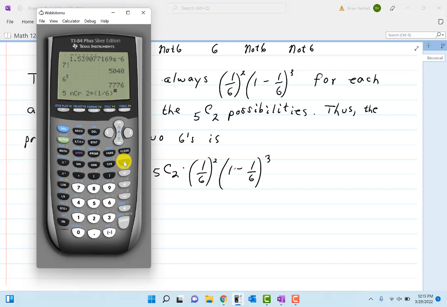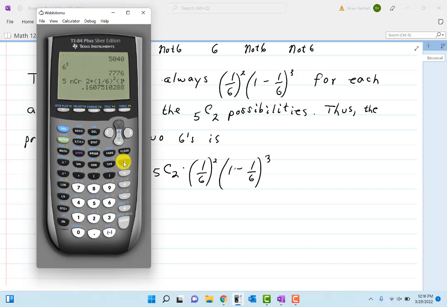I can raise that to the second power, come down, start a new parenthesis, 1 minus 1 divided by 6, finish that parenthesis and raise to the third power, hit enter, and let's see what we get. 0.1607.